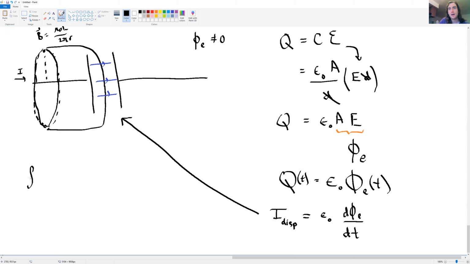So Ampere's law says we do B dot dl, and that's equal to mu 0 I. But now what we do, instead of writing I enclosed is 0, we say I enclosed is, well, it's the real current that might be flowing between the capacitor plates. We call it the conduction current, I_C, conduction current.